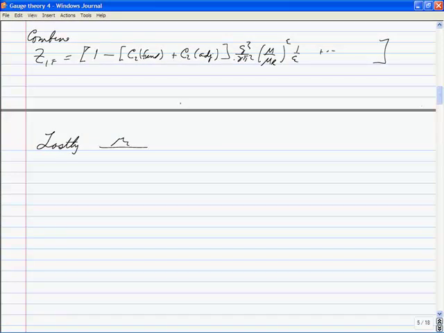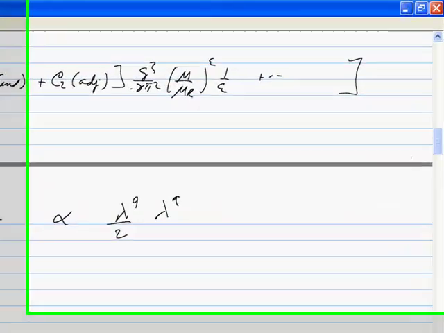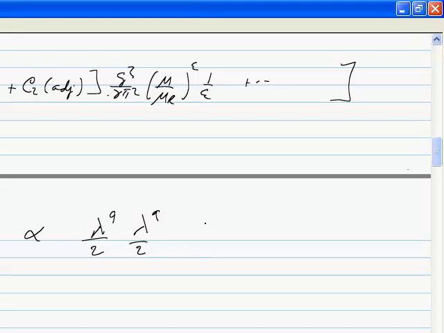Let's not write out everything here. Just point out that this is proportional to a lambda a there, a lambda a there. The color factor is lambda a over 2, lambda a over 2, which turns into C2 of the fundamental times the unit matrix.